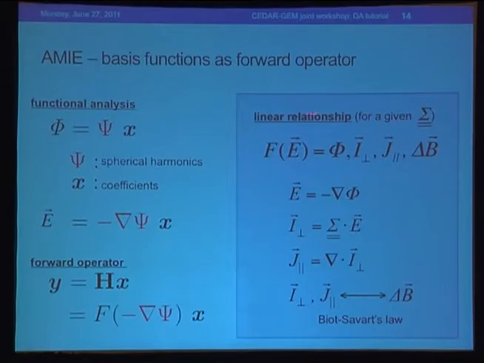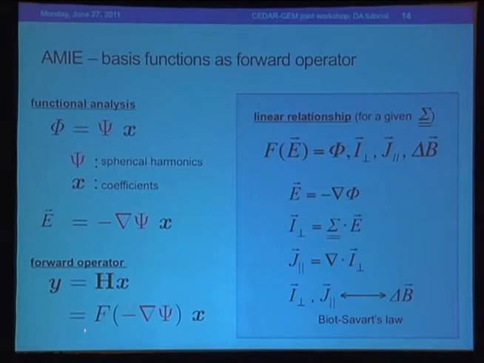Using this linear relationship, once we prescribe potential in terms of spherical harmonics, we can describe the electric field in terms of spherical harmonics too. Let's say F represents the linear relations among those different parameters; we can plug this in and get this expression.